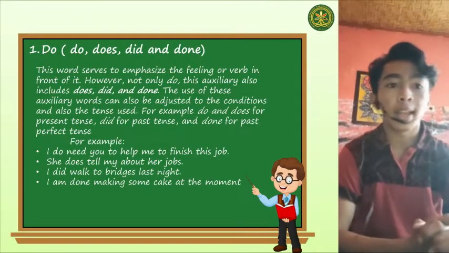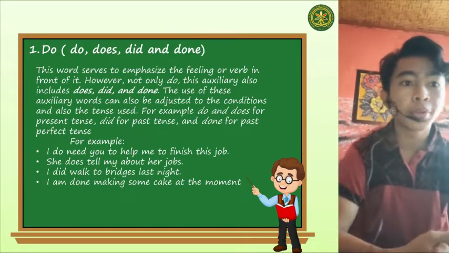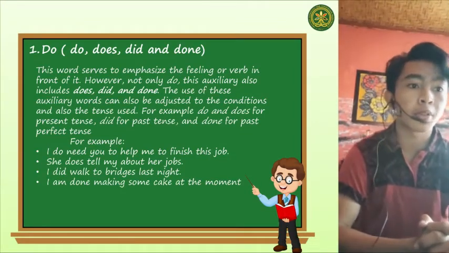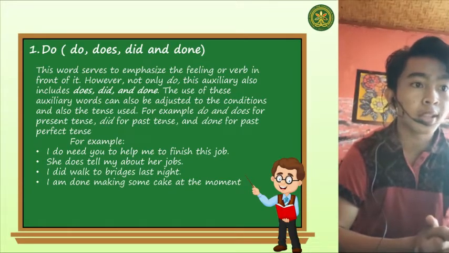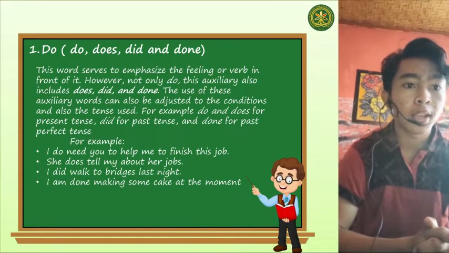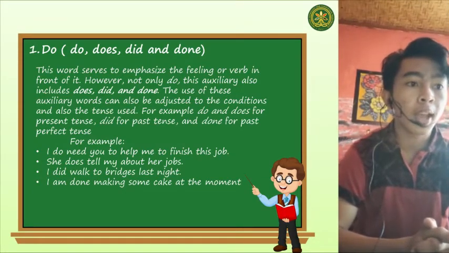Okay, next is do. Do, does, did, and done. These words refer to auxiliary verbs, part of the verb. Not only this, the auxiliary also includes does, did, and done.